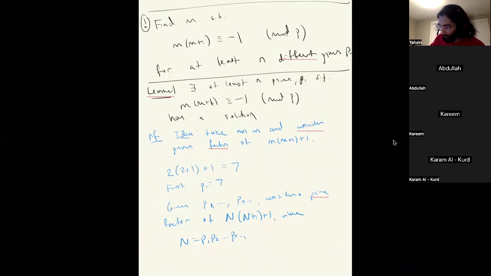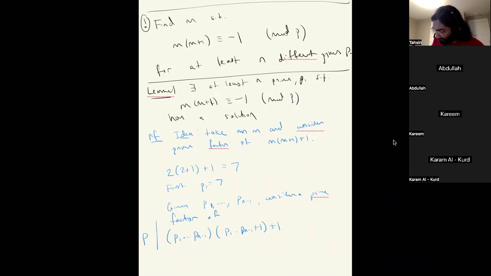Maybe I can write this a little bit more clearly. Let's just consider a prime factor of, we take their product, and then we take their product plus 1, plus 1. So we take P as a divisor of this. And then the point is that P must be different from all the previous ones, right? Does that make sense?